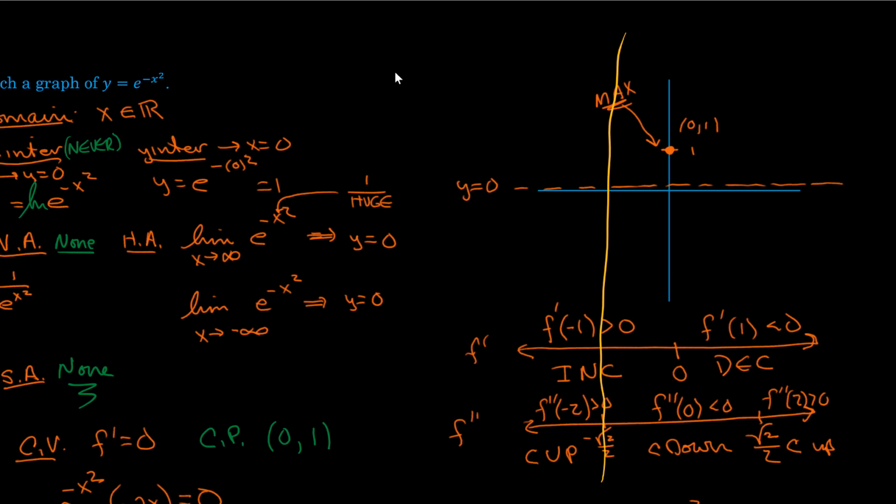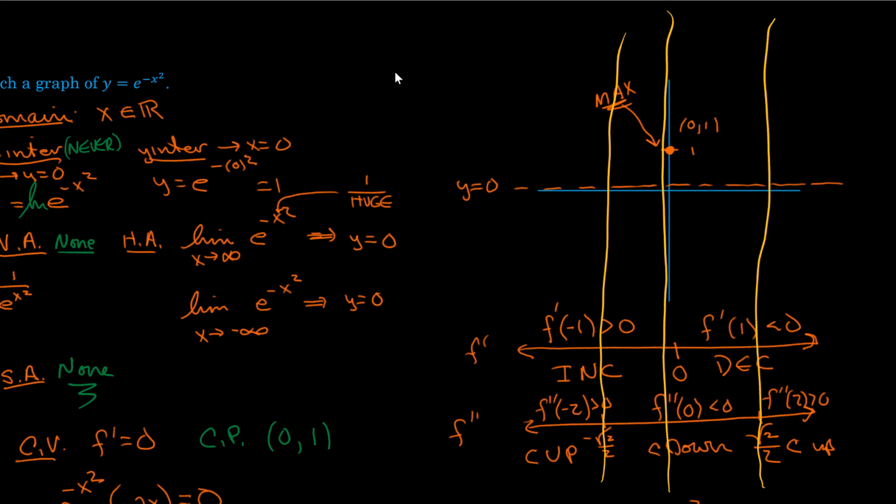See where x equals 0 in the first derivative? That's going to be another line of demarcation. Then where the second derivative has something going on, we have 1, 2, 3, 4 separate areas that we want to take a look at. And I'm going to do these one at a time.